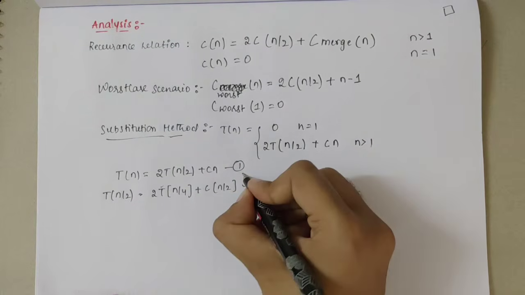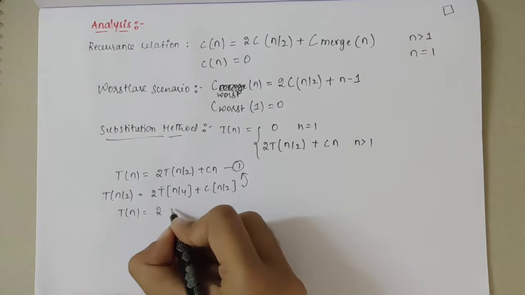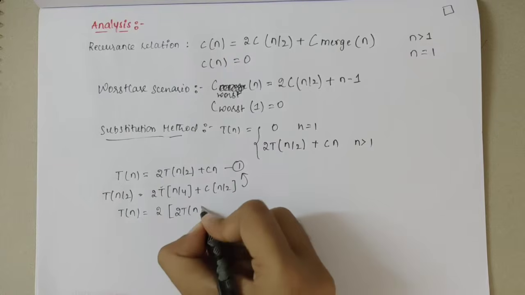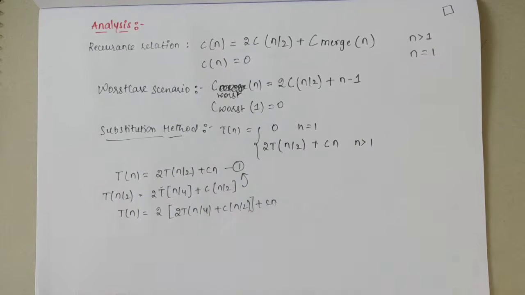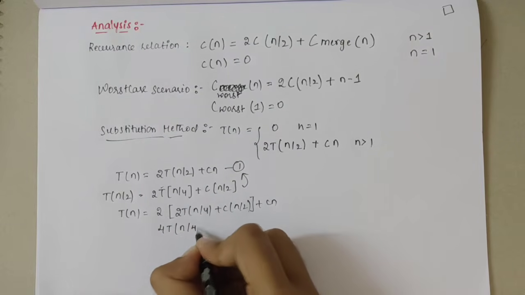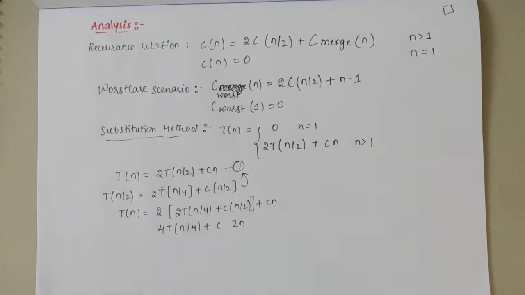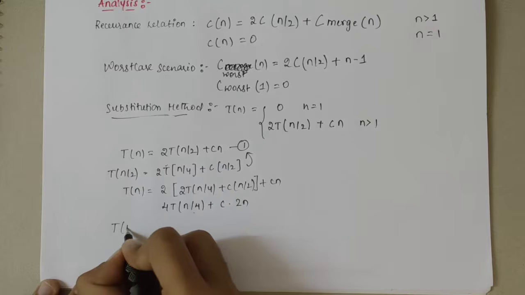Now this I'll substitute in the first equation. So I'll get T of n is equal to 2 outside, inner part 2T of n by 4 plus C of n by 2, plus C of n. Solving this further, I can write it as 4T of n by 4 plus C into 2n. So here I have n by 4 now, so let me write for T of n by 4.